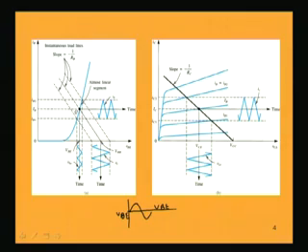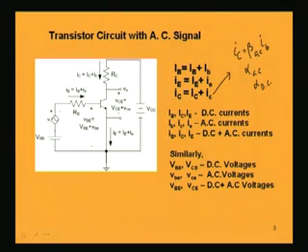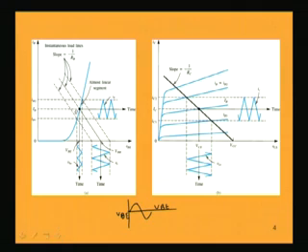Now, this is happening because the input circuit has this VBB plus the signal VI. VBB is the DC voltage which is forward biasing. VBE will increase from this VBB value because of the small signal, and it will also fall in the negative half.